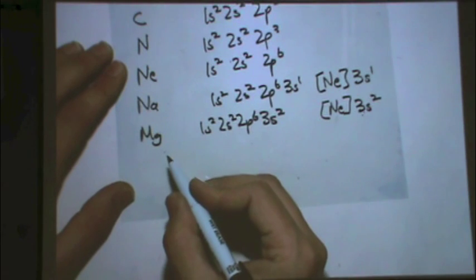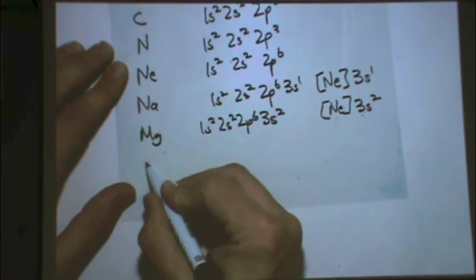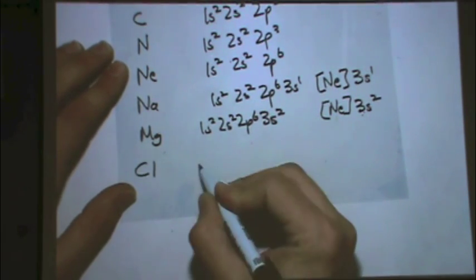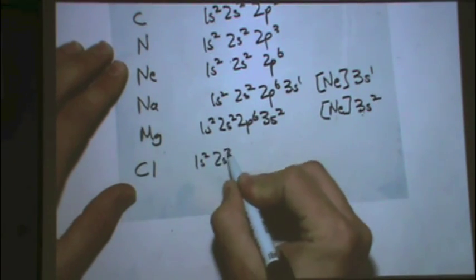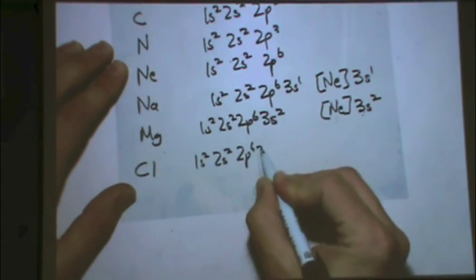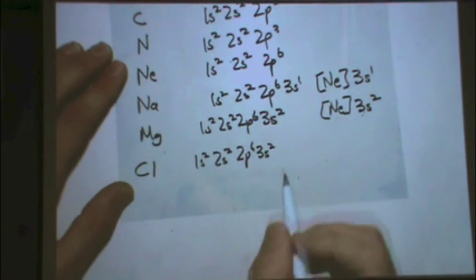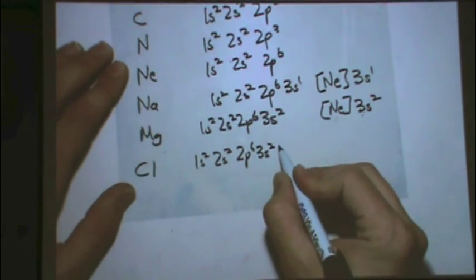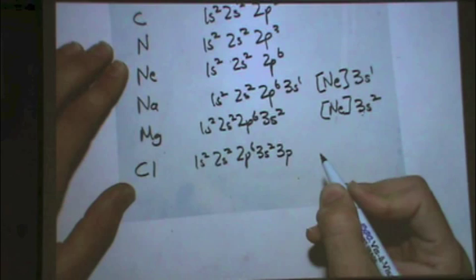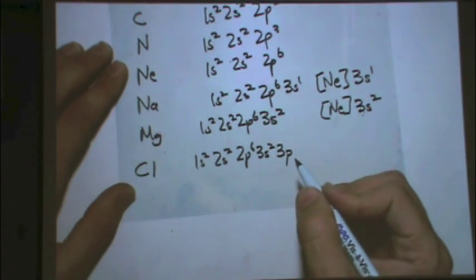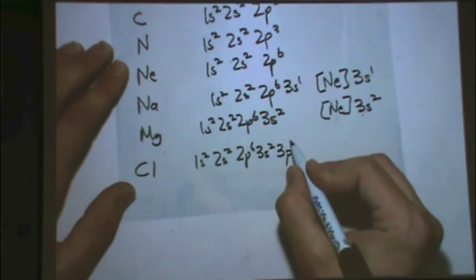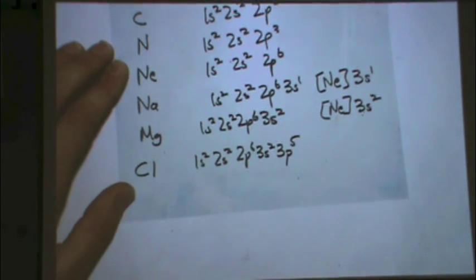Let's jump up a little bit. Let's do chlorine. That would be 1s2, 2s2, 2p6, 3s2. Now, with 2 electrons, the s is filled. We're going to go over to the 3p. Aluminum, silicon, phosphorus, sulfur, chlorine. That's 5 columns over.